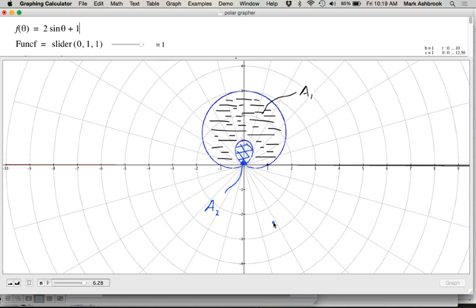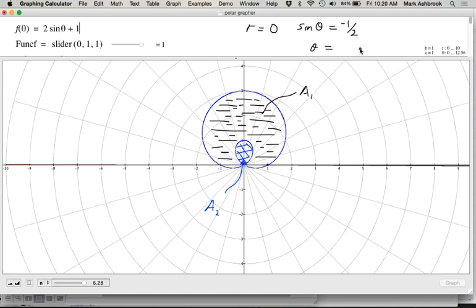Anybody think they have it? Yeah. Tell me. Okay. And do we know that angle?